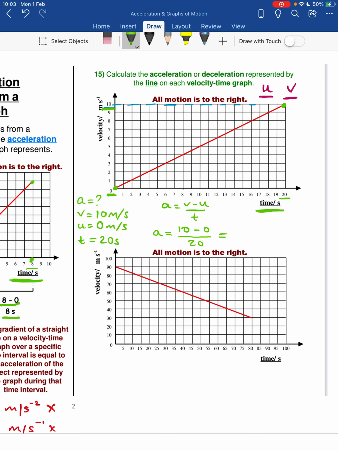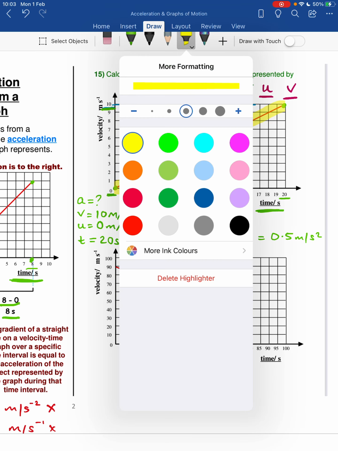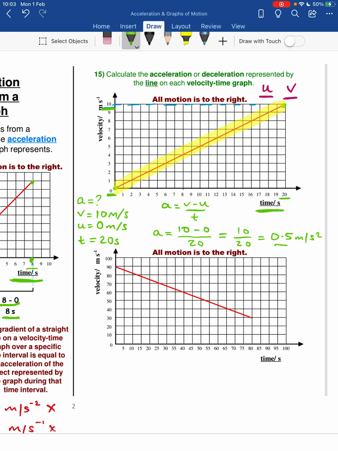What I can do next is simplify that top line. 10 take away 0 is just 10. That makes it easier to find the final answer. 10 divided by 20 gives me a final answer of 0.5 meters per second squared. It should be a positive answer because the line on the graph goes diagonally upwards, which means positive acceleration, and that's what I've got in my final answer.